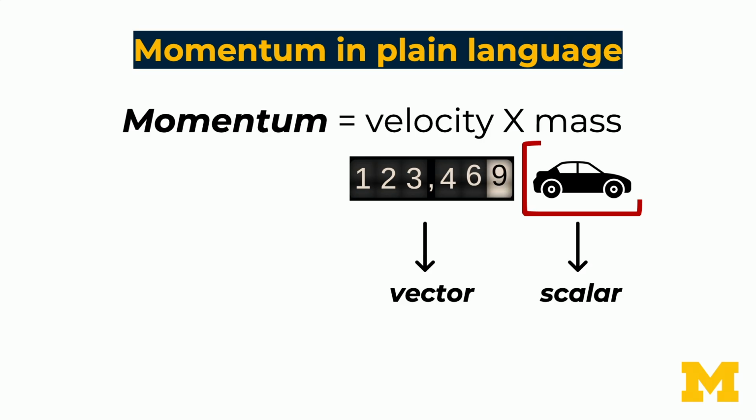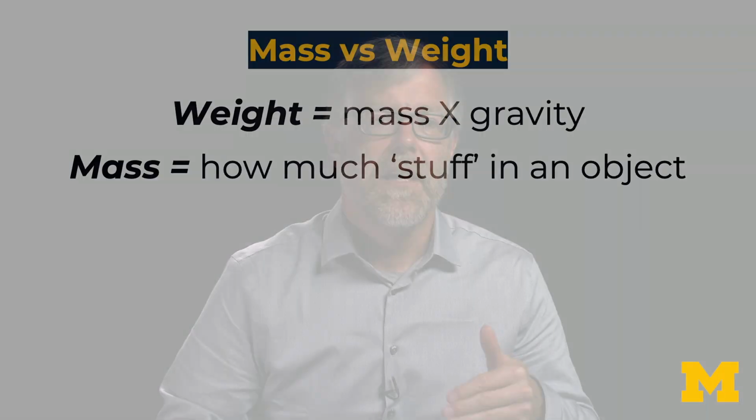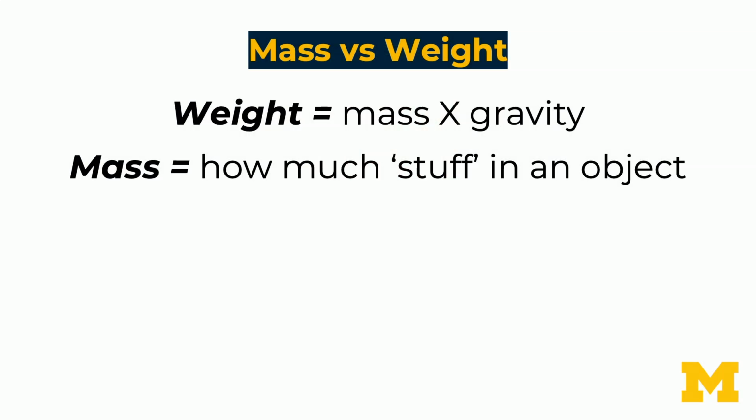It is a scalar. And when you multiply a vector times a scalar, you get a vector. So momentum is a vector just like velocity or acceleration. It has directionality also.